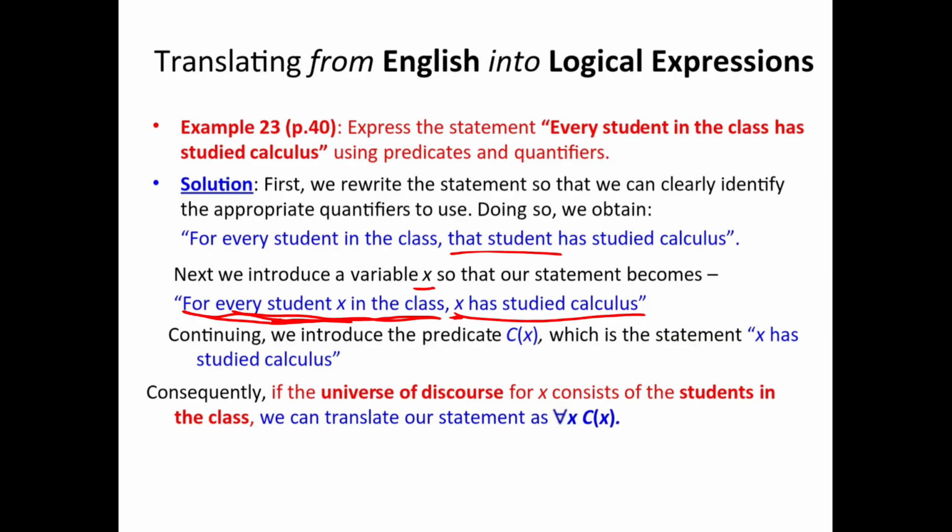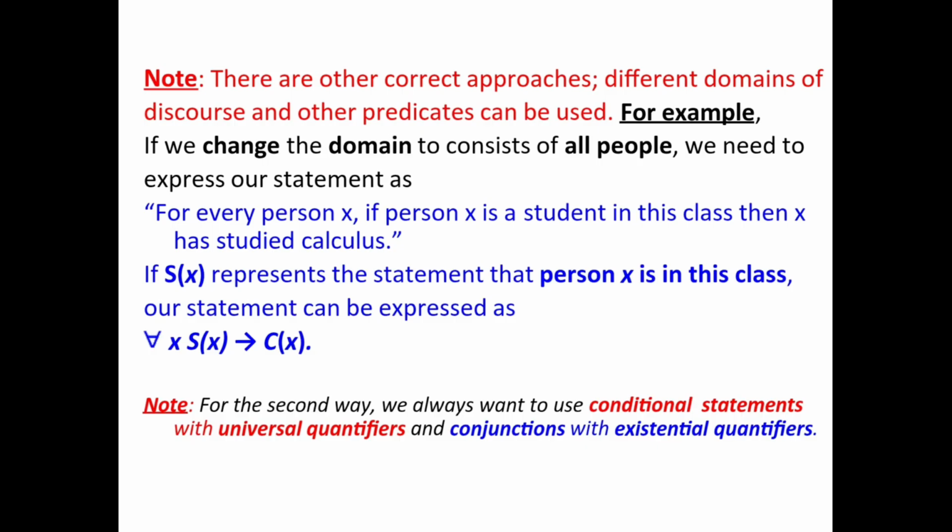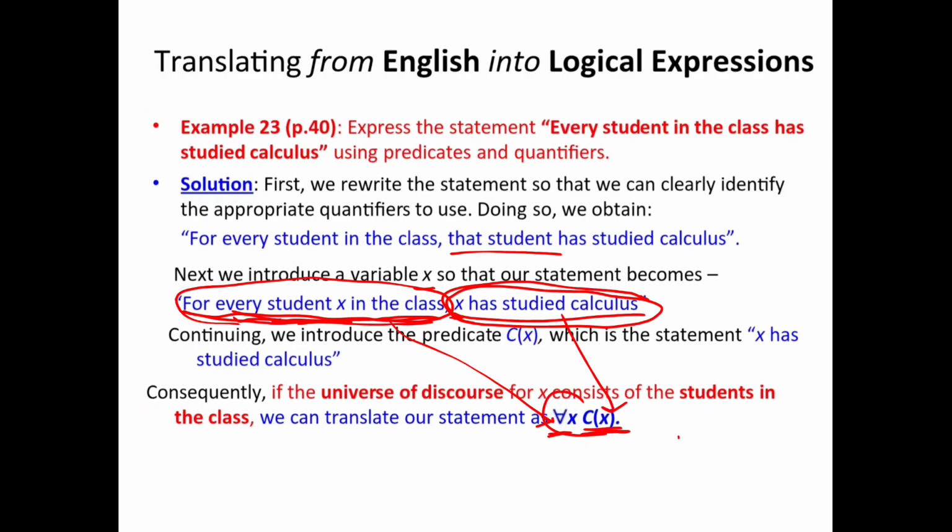So therefore, we can state this statement: for every student in the class, it has studied calculus. So for all x of c of x. So again, the c of x is has studied calculus, and for every student, this would be our a of x, and this would be our c of x. So this would be our logical expression.